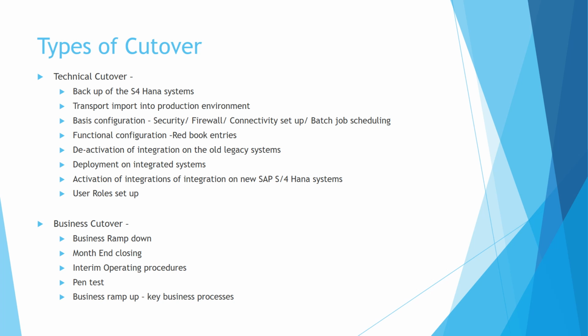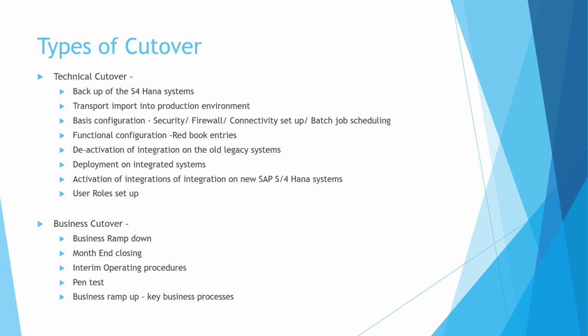Some examples of technical cutover are taking a backup of the S4 HANA system, or transport import into the production environment. Because you have been testing in the pre-prod or quality environment and have done the UAT, all the transports are there, so as part of cutover you will import those into the production environment.